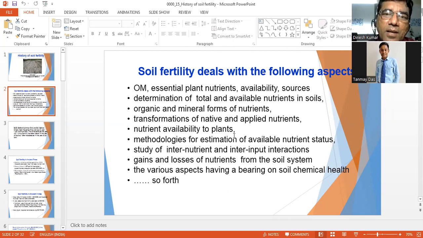In the 6th or 8th edition, when I was a student, I got a copy of that book. I have scanned it, so it is available. But now they are not writing that chapter; they are not including the history of soil fertility in the current edition. But in the older edition, it was there. I will share that, and interested students can read the history of soil fertility.